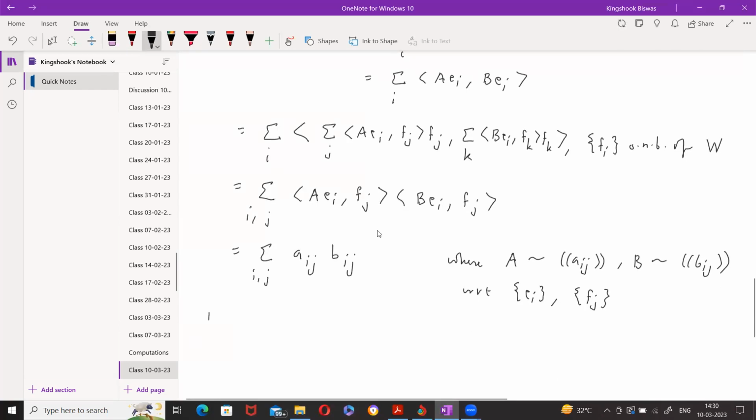And so then what is the norm squared of a linear map? This will be just the summation of a_ij squared, right?